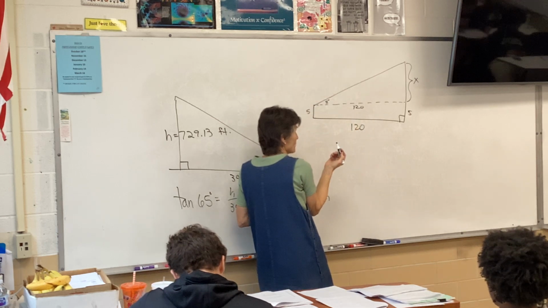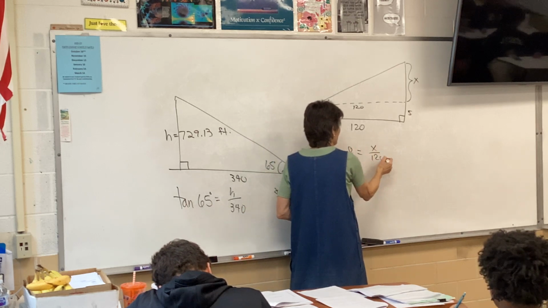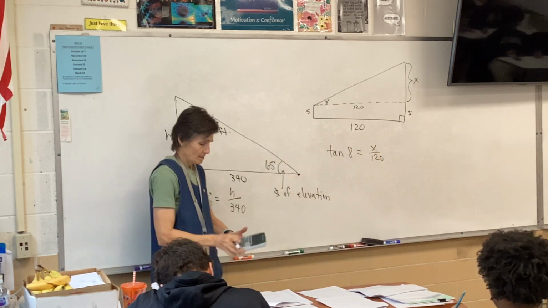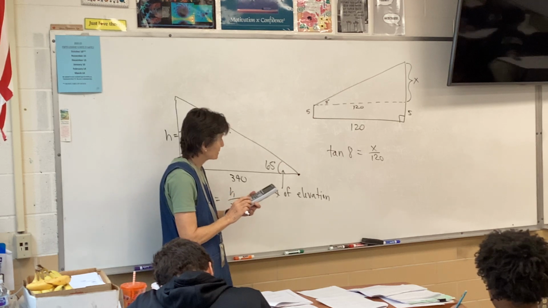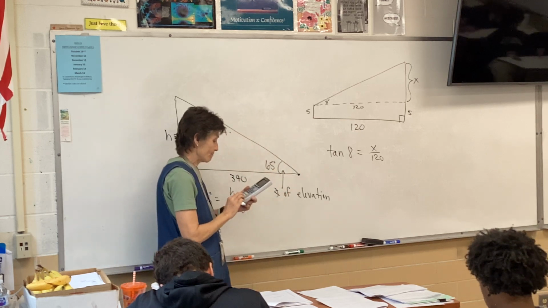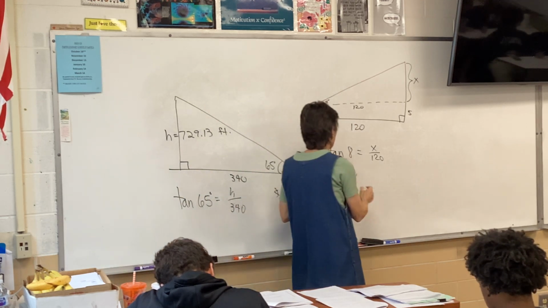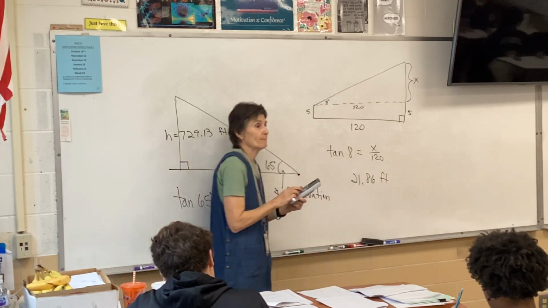So, are we tangent again? Yeah. So tan 8 equals X over 120. 21.86 for the entire tree.